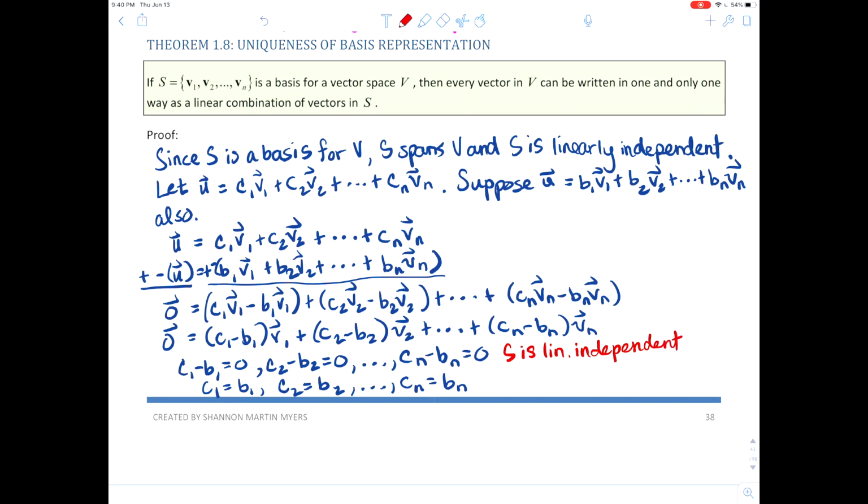Cool, cool? So we've done it. Thus, the basis representation is unique. That's what can be written in one and only one way means. Groovy?